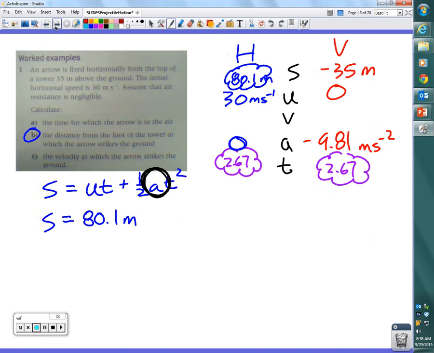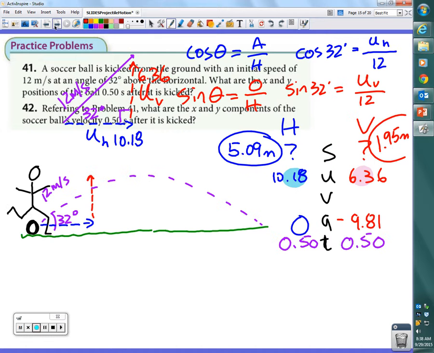Today's problem, being launched at an angle, it's moving both horizontally and vertically when it becomes a projectile.